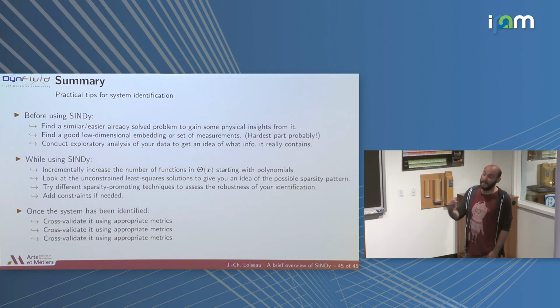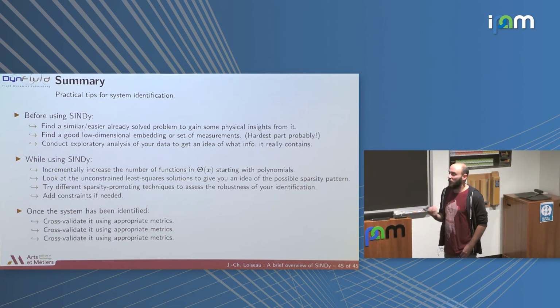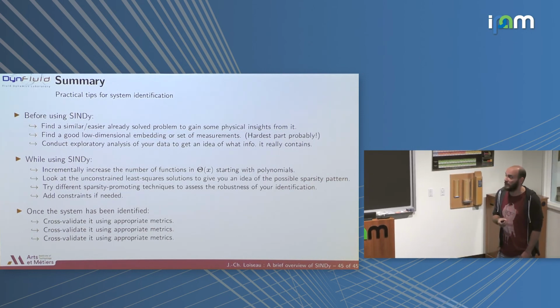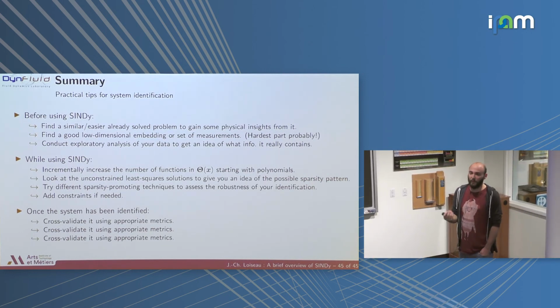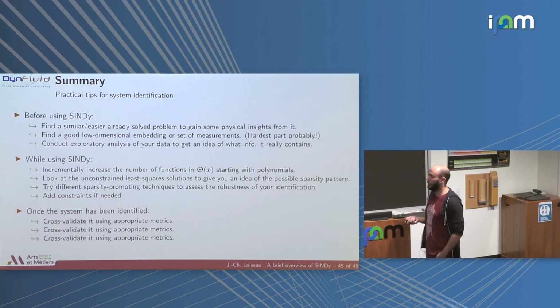Some techniques discard some of the terms, others keep them, giving slightly different models. It's not clear which one is the best. So try to use as many sparsity promoting techniques as you can to get a better idea of what the model could be, or the family of models that fits your data.